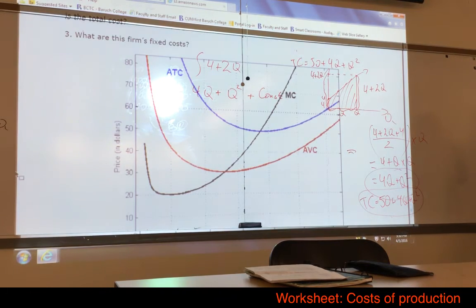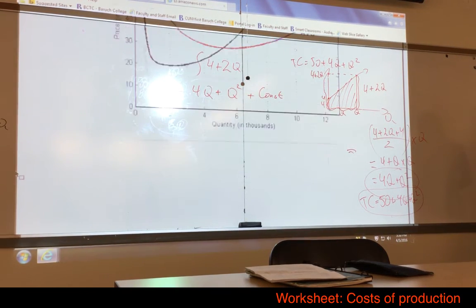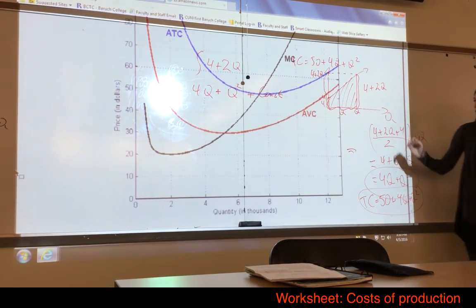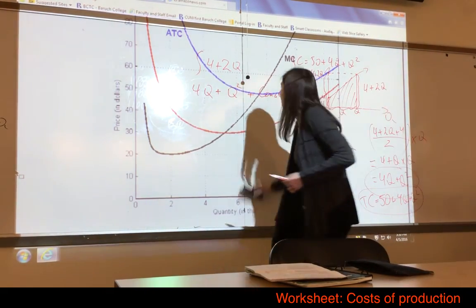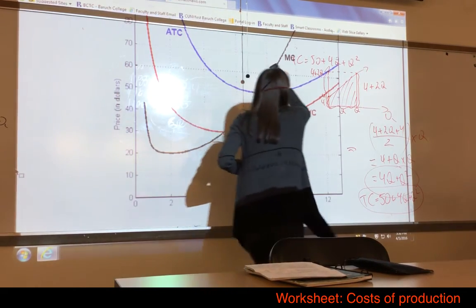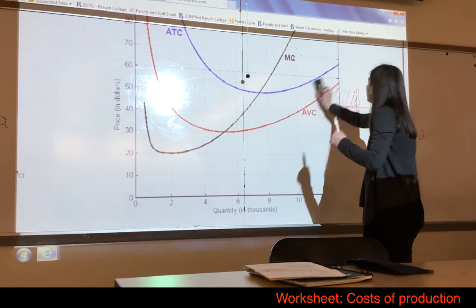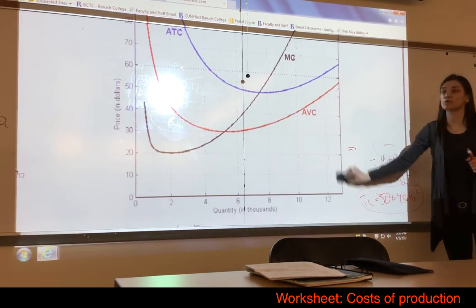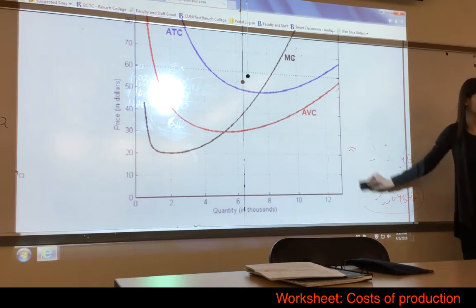There's one last question here. What are the firm's fixed costs? And we only have the graph. In the graph I have average variable, average total, and marginal. So what's one way to find it? We did this before. How can I easily find fixed cost if I have average total and average variable?